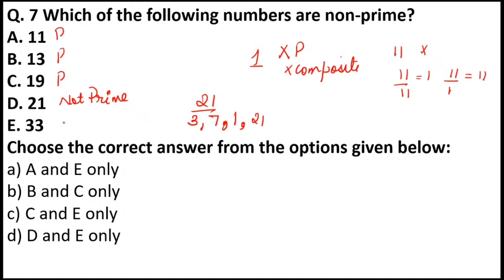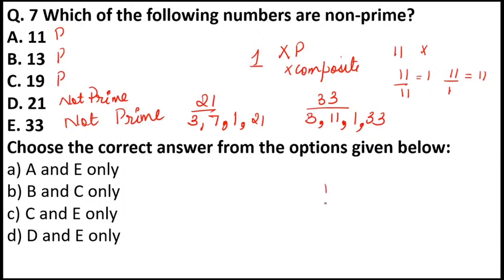And 33 is not a prime number. Or you can say it's a composite number, because you can divide 33 by 3, by 11, by 1, and by 33. So you see, it can be divided by 4 numbers. That is why it is not a prime number.